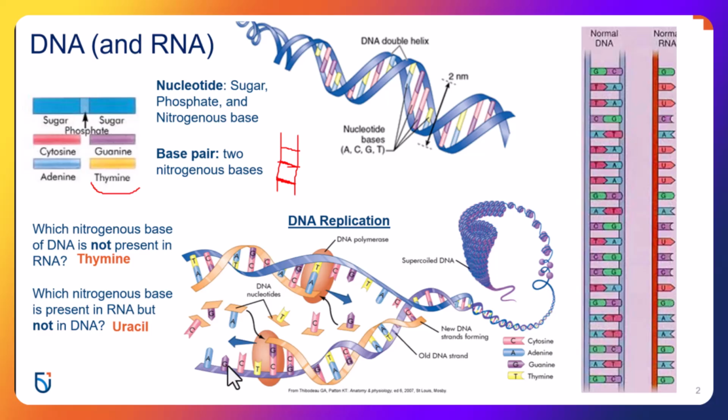Once the DNA has unwound, these nitrogenous bases are now exposed. Because of the specific DNA sequencing that we know exists, all of these free nucleotides will find their match and bind with it to form two new strands of DNA.